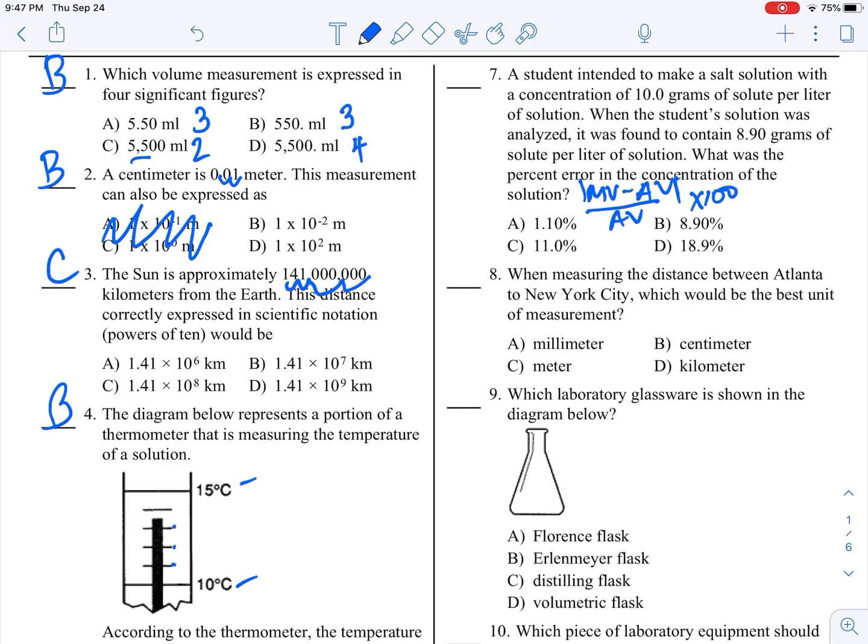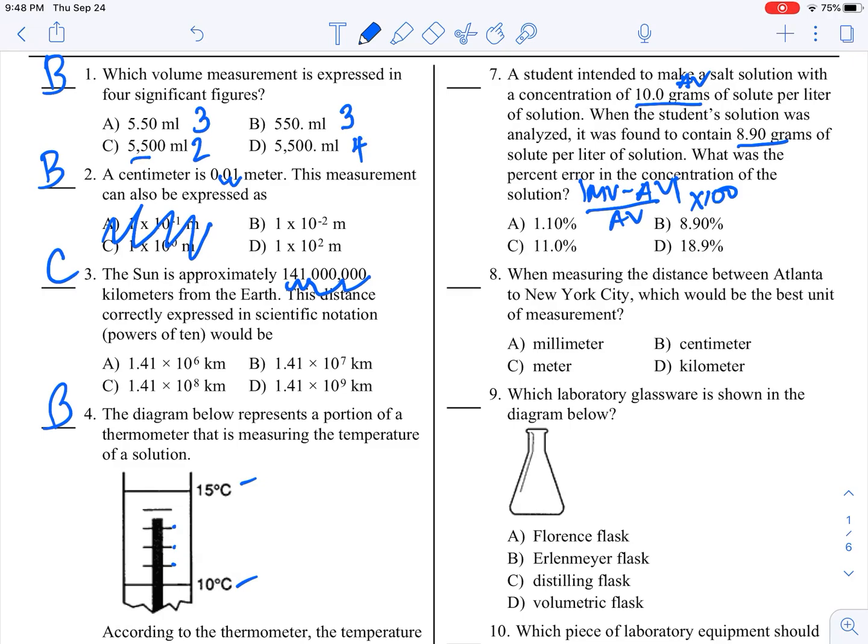The student wanted to make 10. This would be our actual, but this is what it was.